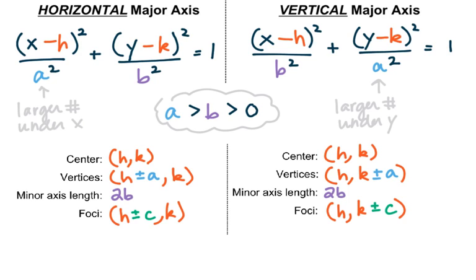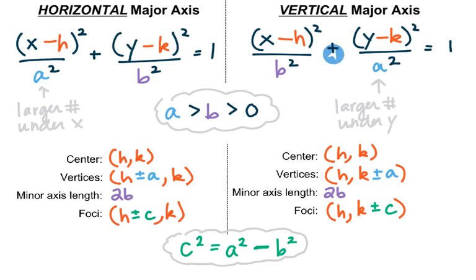We already talked about how we know what that c value is. The c value is always found by saying c squared equals a squared minus b squared. It's very important for you to remember that's a minus. So when we start talking about hyperbolas a few videos from now, hyperbolas look very, very similar to this. The only difference is hyperbolas have minuses in between those two terms, and the c formula has a plus.